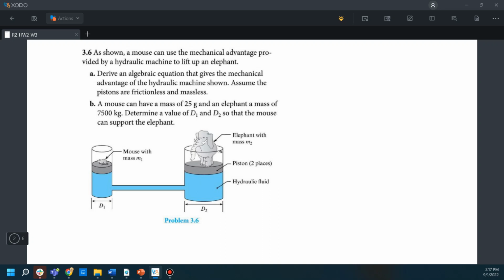Okay, and we assume that the pistons are frictionless and massless. After that, we want to determine a value of d1 and d2 so that the mouse can support the weight of the elephant.